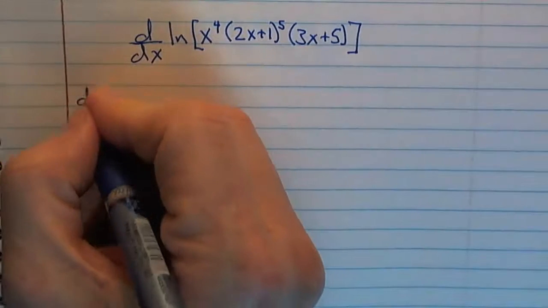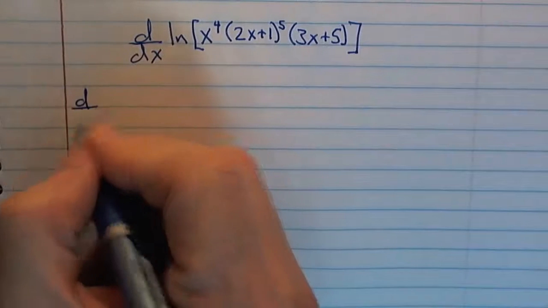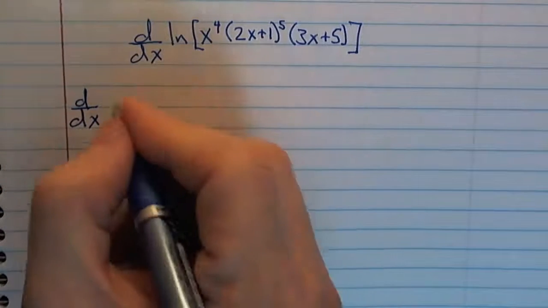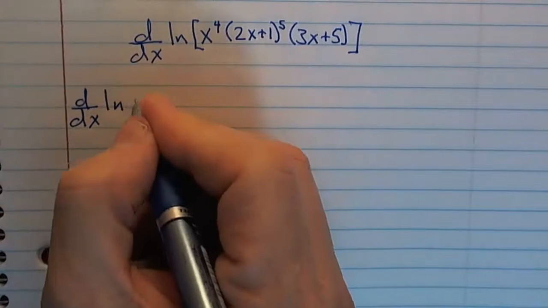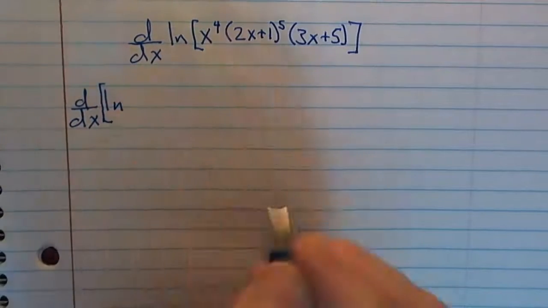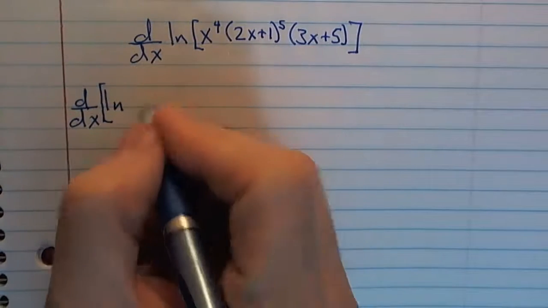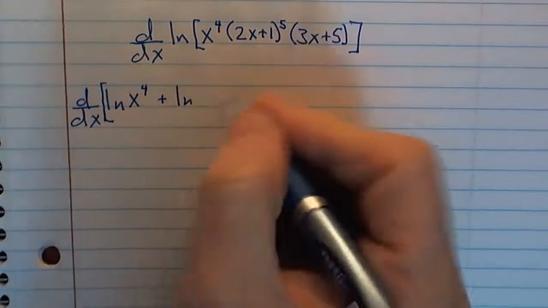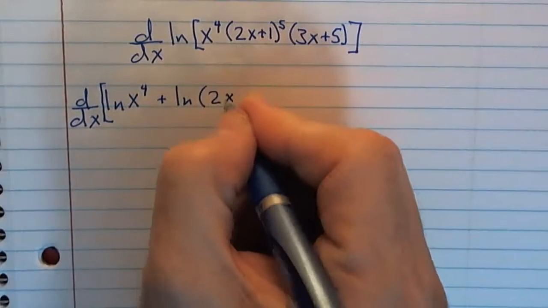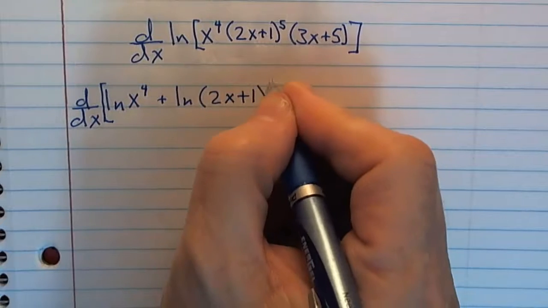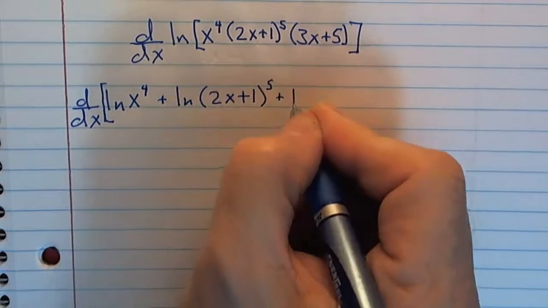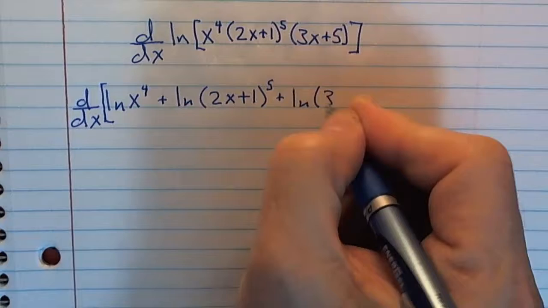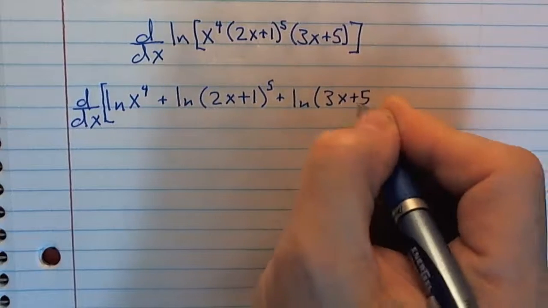We can utilize these properties of logs because that's going to make it a lot simpler. So here we go. We've got log of x to the fourth plus log of 2x plus 1 to the fifth plus log of 3x plus 5.